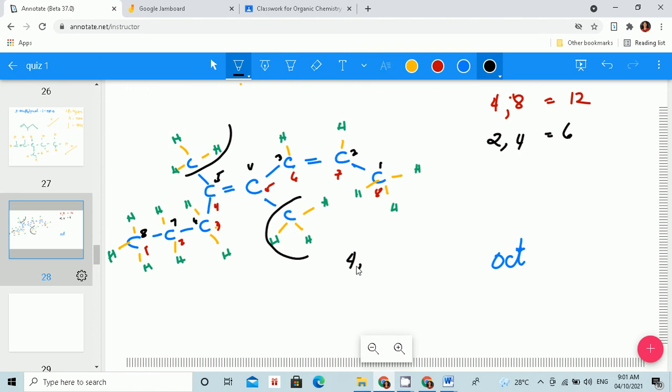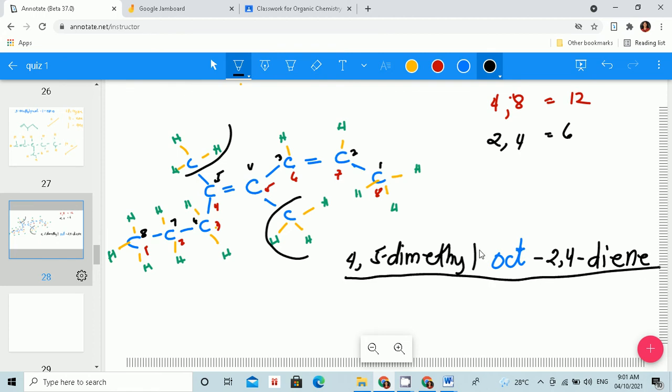So we have 4,5-dimethyl because it's 2. Dimethyl oct. And then we will write the double bond. So we have 2,4-diene because it's an alkene. This is the name of our alkene: 4,5-dimethyl-octa-2,4-diene.